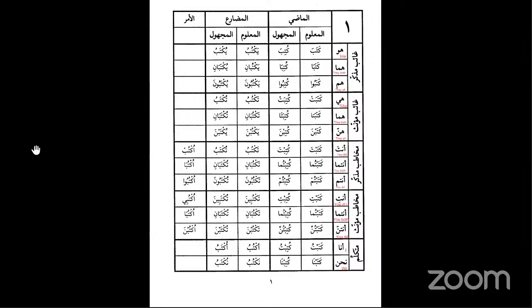Hiya katabat, she wrote. Huma katabata, they two female wrote. Hunna katabna, they all female wrote. Anta katabta, you male wrote. Antuma katabtuma, you two male wrote. Antum katabtum, you all male wrote.